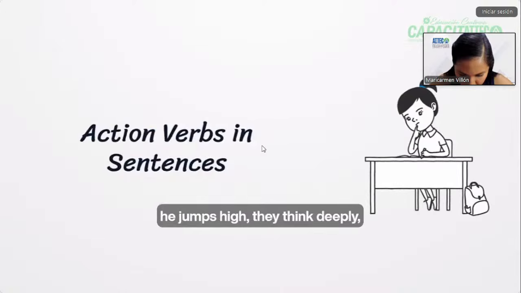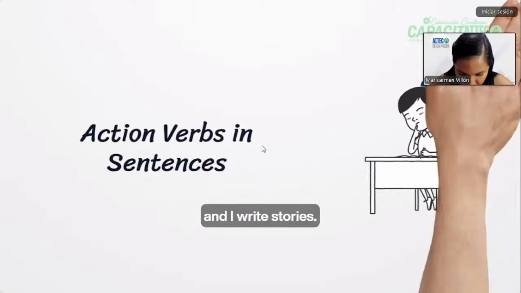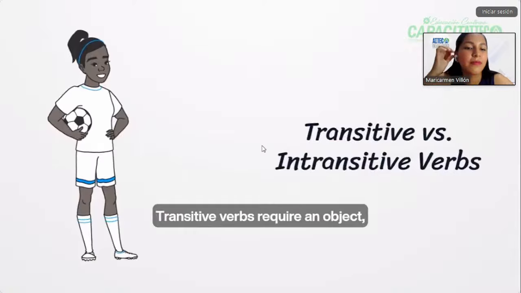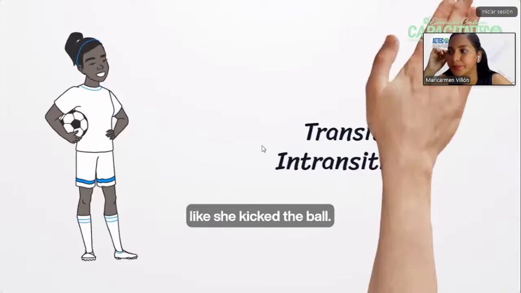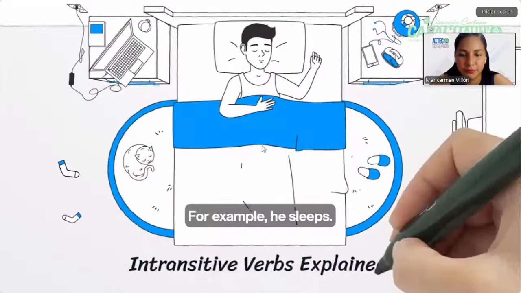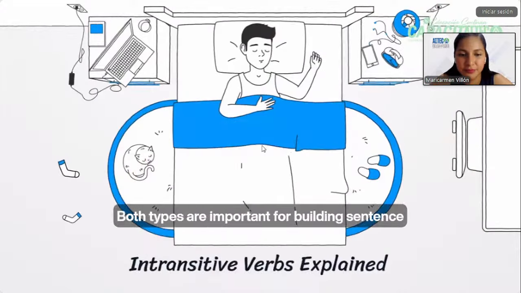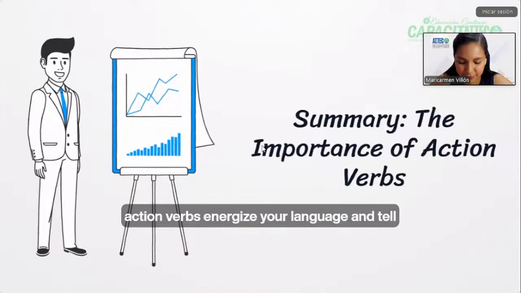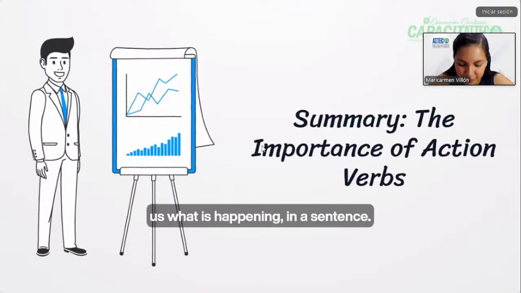He jumps high. They think deeply. And I write stories. Action verbs can be transitive or intransitive. Transitive verbs require an object, like she kicked the ball. Intransitive verbs do not need an object. For example, he sleeps. Both types are important for building sentence structure. To sum up, action verbs energize your language and tell us what is happening in a sentence.